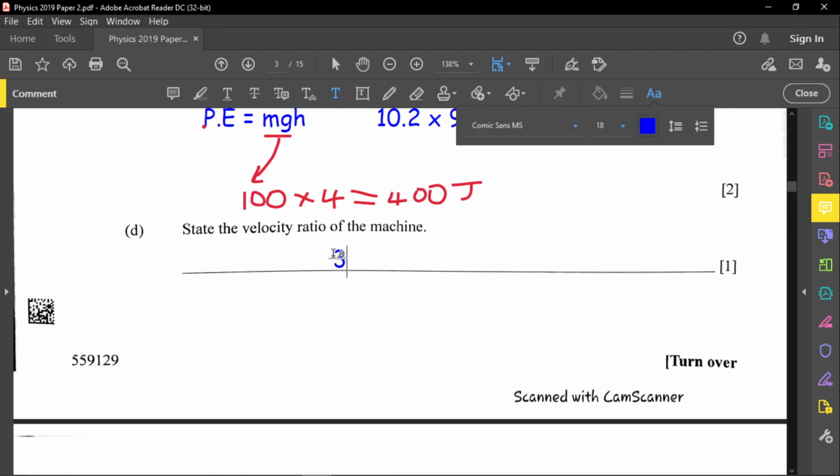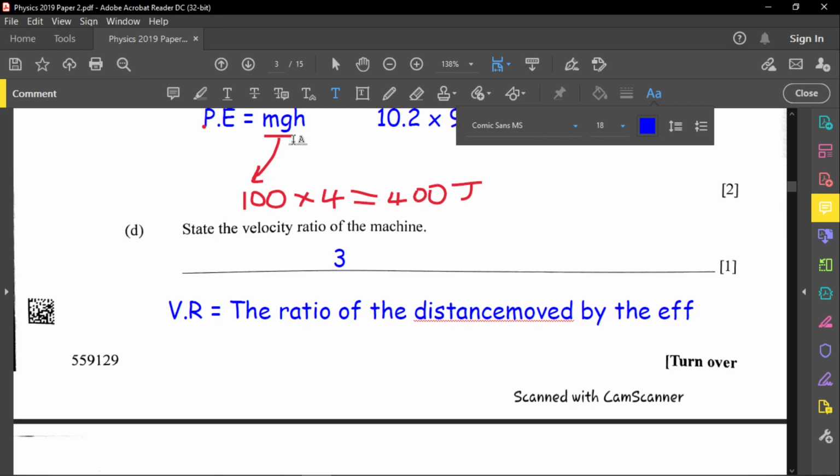Okay, and just remember what velocity ratio is. I could type that for you right here, just for you to remember it. So velocity ratio, let's call it VR. So velocity ratio is equal to the ratio of the distance moved by the effort and the load, within the same time period.